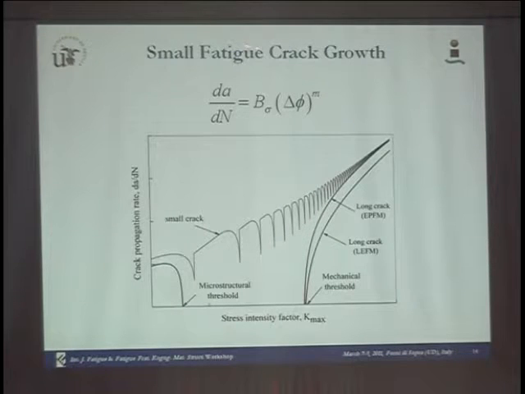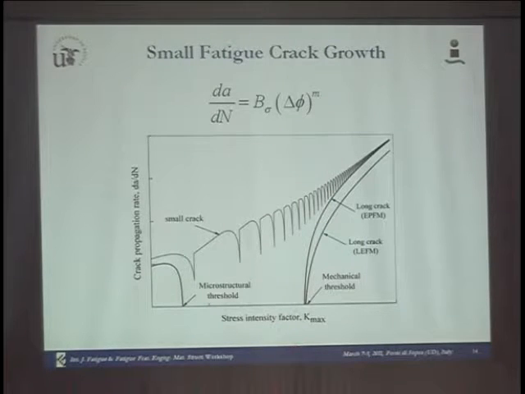Assuming that the crack propagation is a power function of the delta CTOD, we can reproduce the oscillating behavior usually observed in small cracks. That oscillation pattern is due to the continuous blocking of the plastic zone at the microstructural barrier.